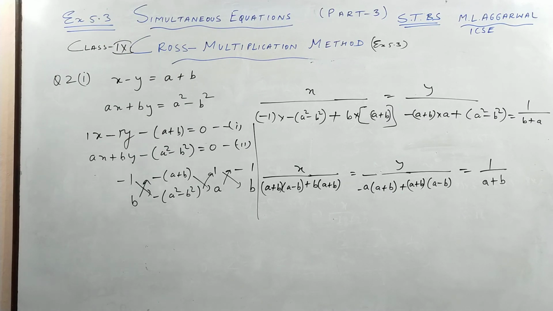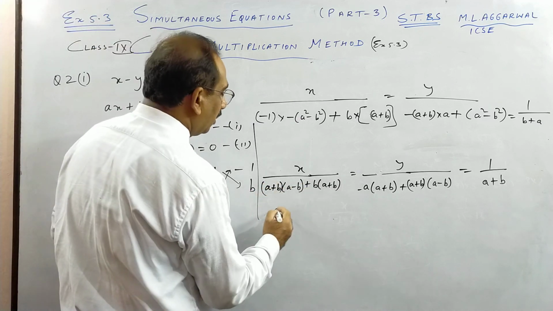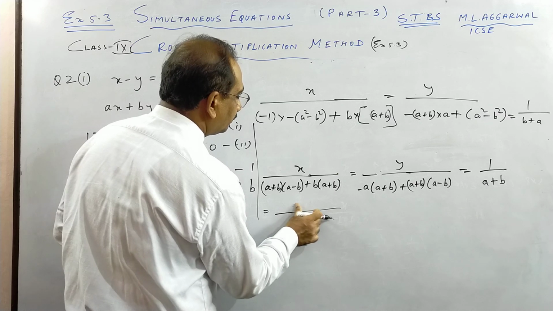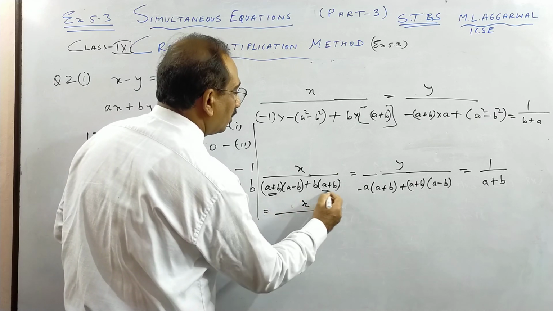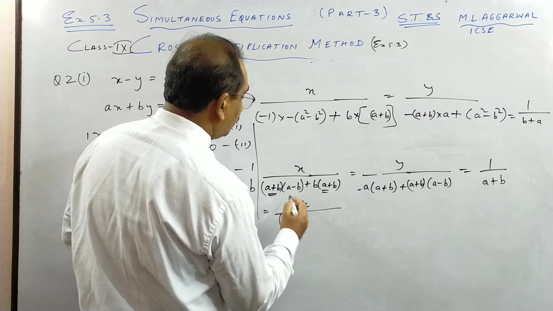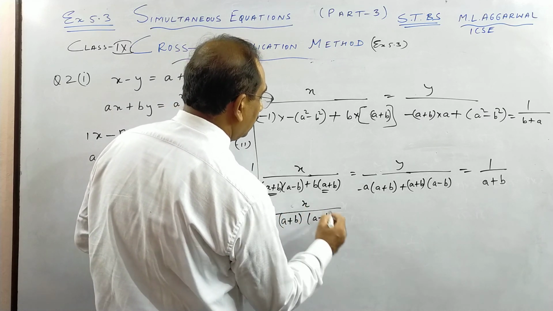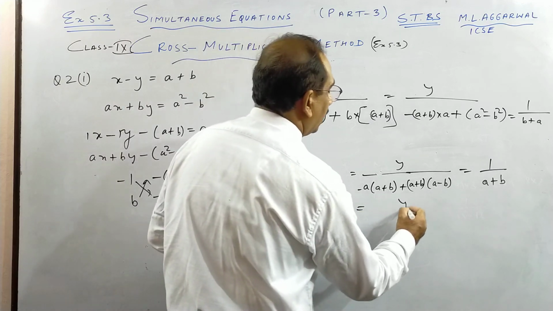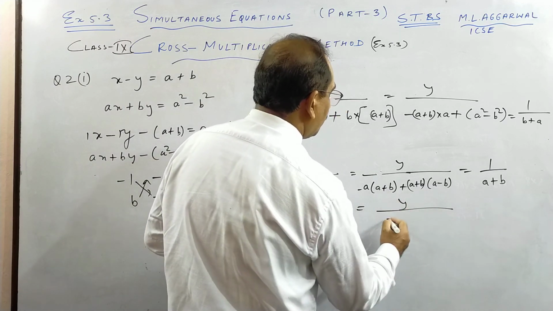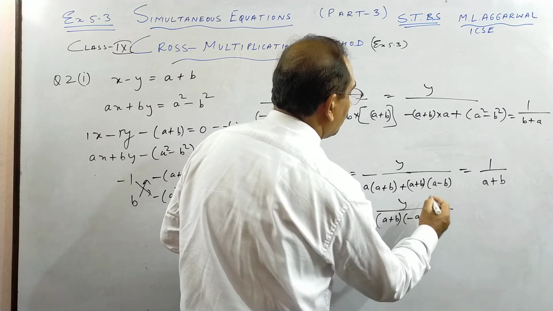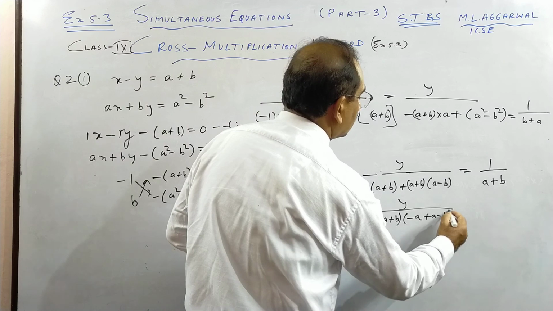So next we go, take out a plus b common. So little hard, children, for you, but still you have to try and see. A minus b plus b, so this will cancel, equal to y, take out a plus b, we are left with minus a plus a minus b.